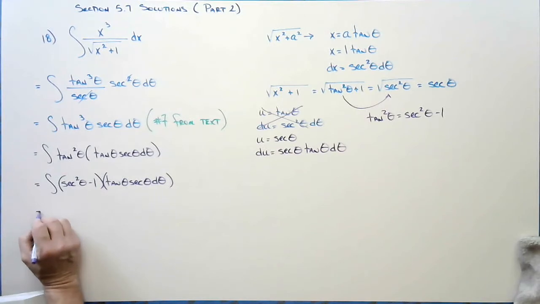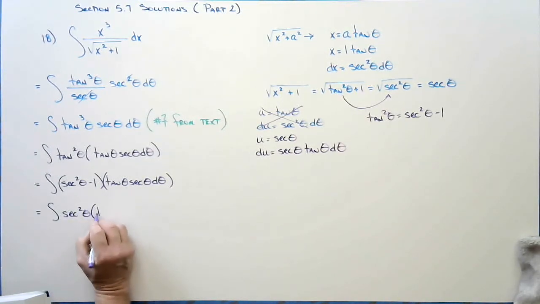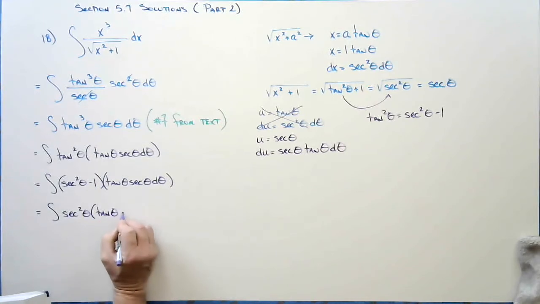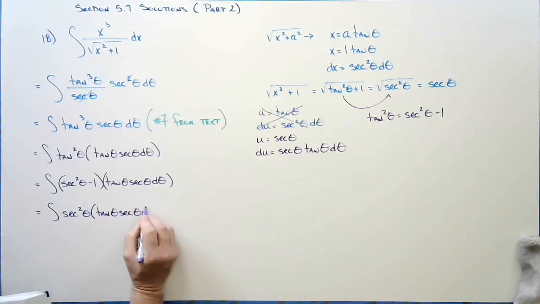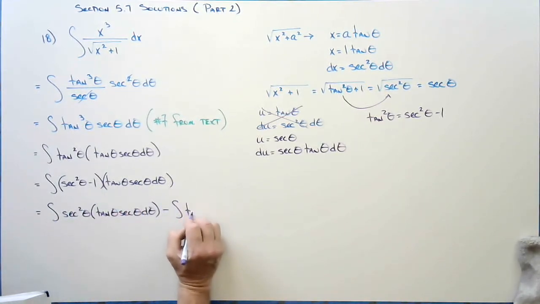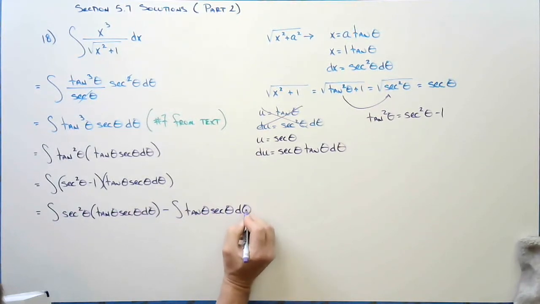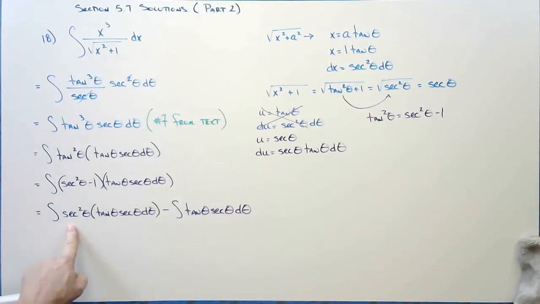And now we can write this as 2 integrals. We have the integral of secant squared theta times tangent theta secant theta d theta, right? Minus, from here, 1 times that would just be the integral of tangent theta secant theta d theta. Well, that's a straight antiderivative. Now, this first one is going to be a u sub. We have our u right here.